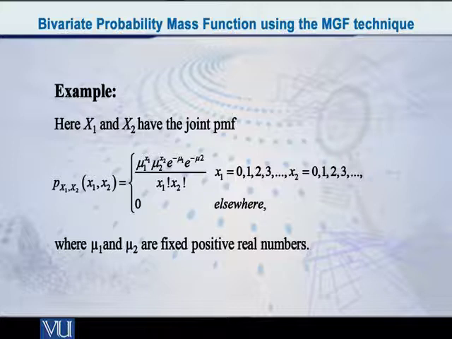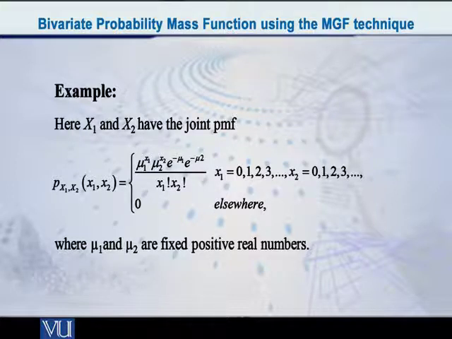Poisson distribution कैसे define की जाती है? Would you not agree that for the random variable x1, we will say that p of x1 is equal to e raised to minus mu1 into mu1 raised to x1 over x1 factorial, where x1 is equal to 0, 1, 2, 3, and so on.